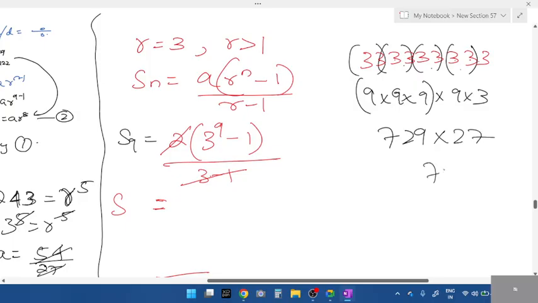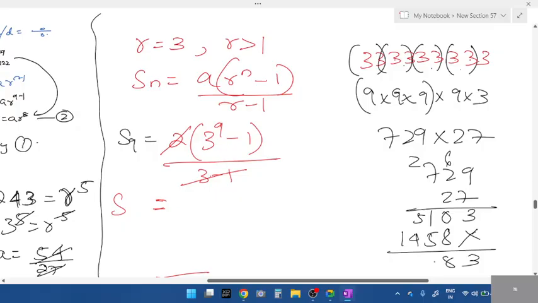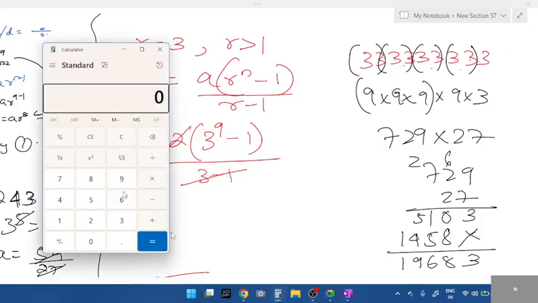Multiply 729 into 27. 9 sevens are 63. 7 nines are 63. 7 twos are 14 plus 6, 20. 7 sevens are 49 plus 2, 51. 2 nines are 18, carry 1. 2 twos are 4, 5. 2 sevens are 14. 3 8 6 9. Is it correct, Adya? Look at 3 to the power of.